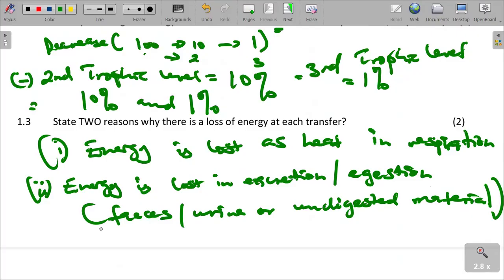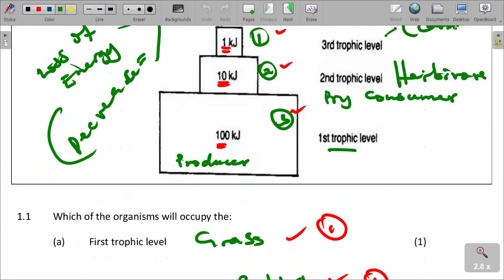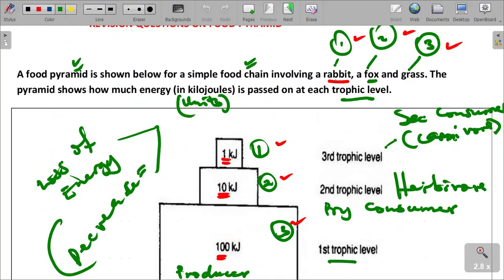And then the next question says, draw a food chain of this pyramid. According to this pyramid, what do we have? We have our organisms, which are rabbit, fox, and grass.